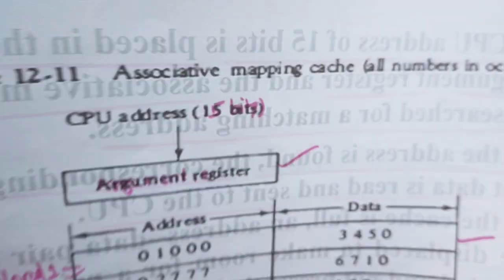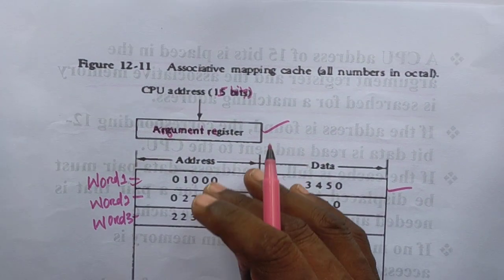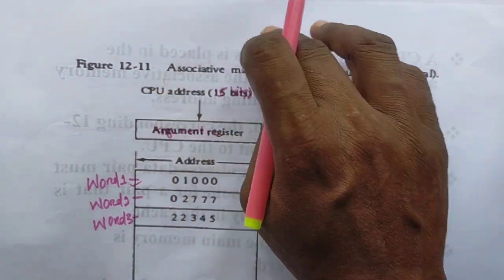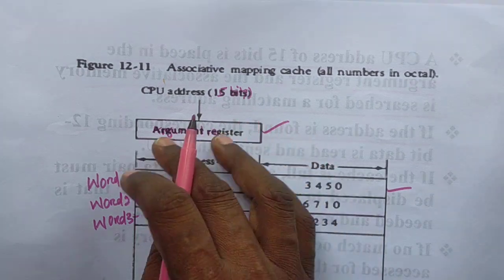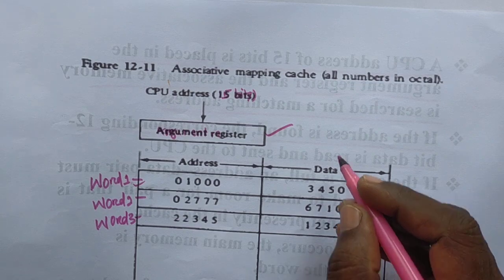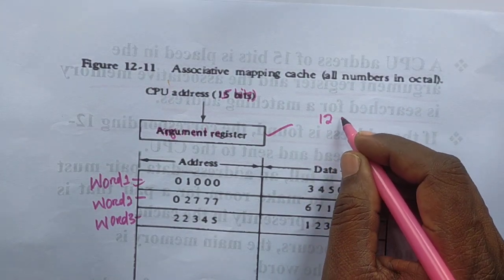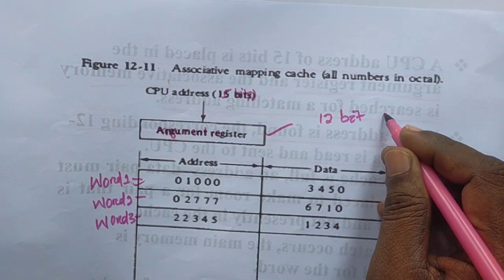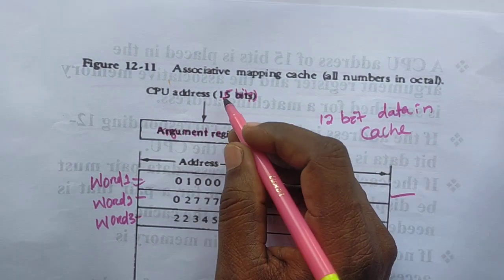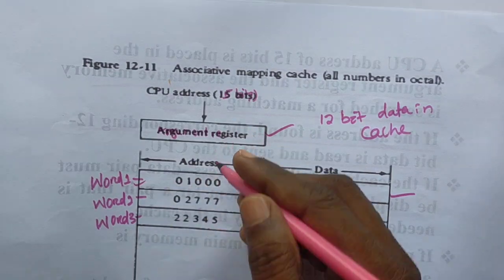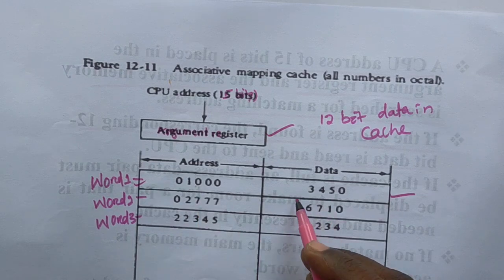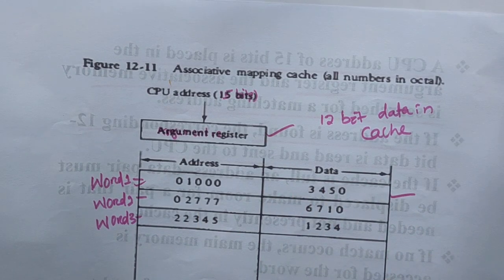Here you see the 15-bit address is stored in the argument register. If it is found, for example here, the corresponding 12-bit data, actually the 12-bit data in cache, is retrieved. The 15-bit address is matched through the argument register with word 1, word 2, word 3, and the corresponding 12-bit data will be retrieved from the cache.